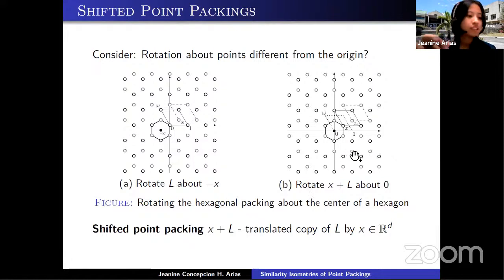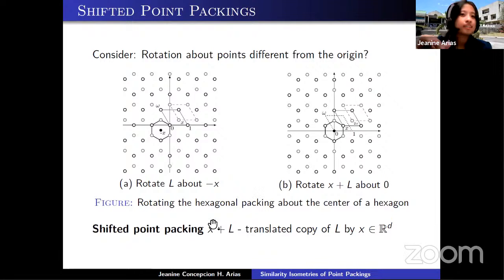What we do is translate all points of the point packing by x, and then rotate about the origin. In other words, we may simply consider linear isometries of x plus L, the translated copy of L by x.